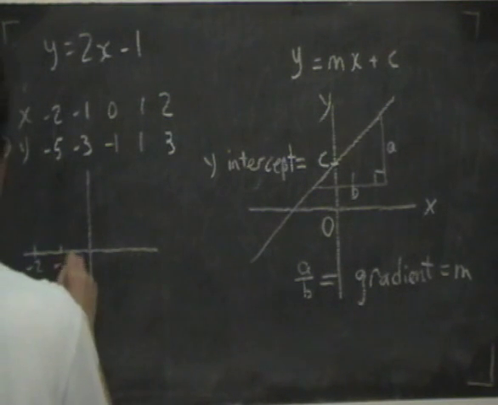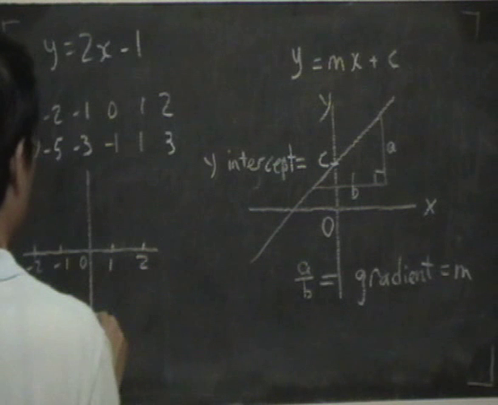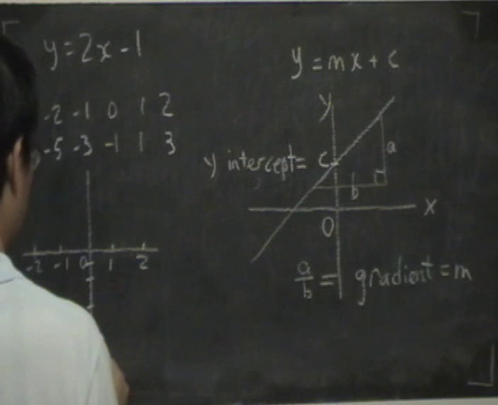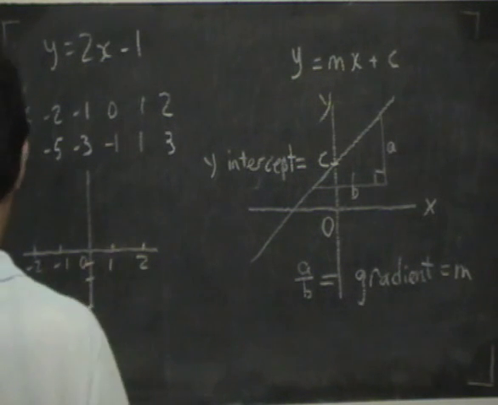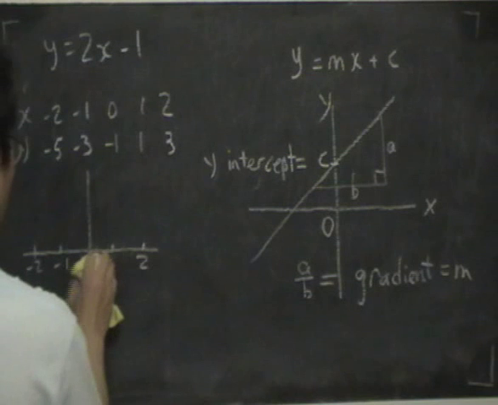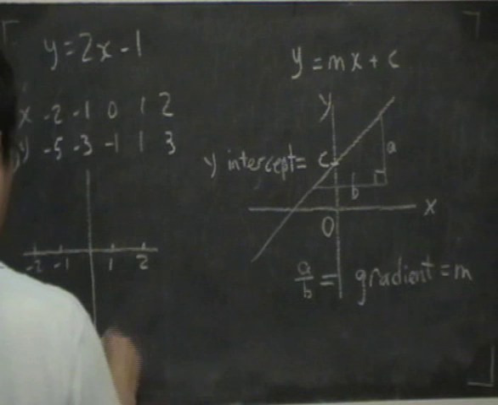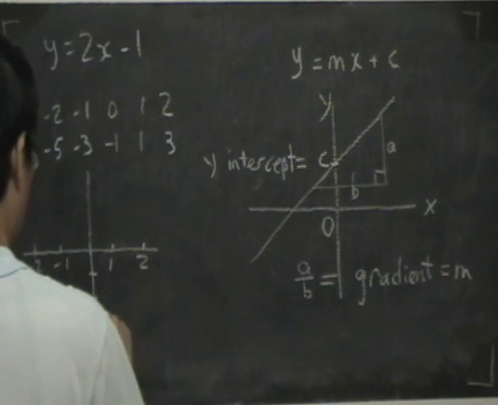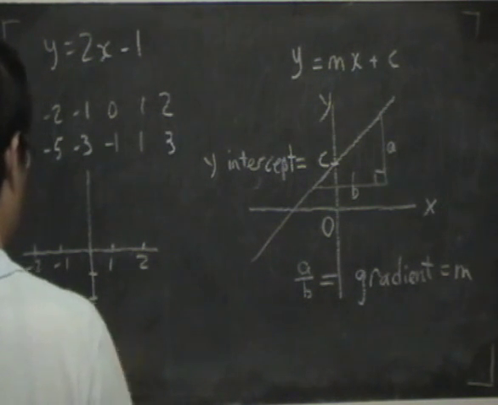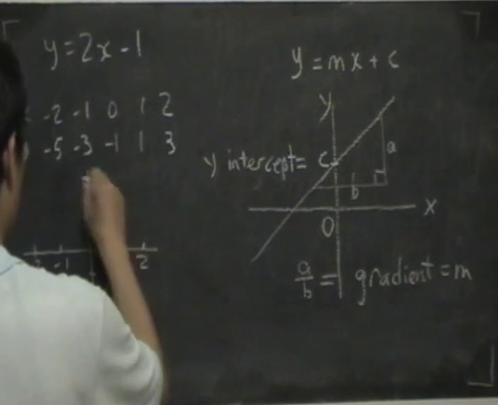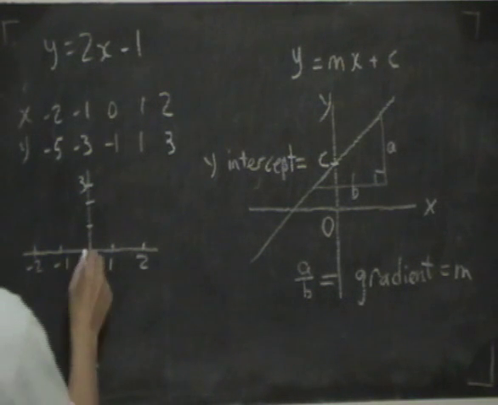Right, minus 2, minus 1, 0, 1, 2. Okay, we go minus 5, 4, 3, 2, 1. Not very easy. Minus 1, 2, 3, 4, 5. So that's minus 5, and then goes 1, 2, 3. Right?